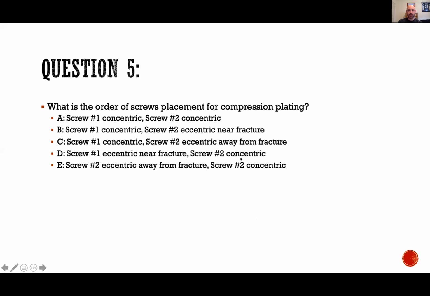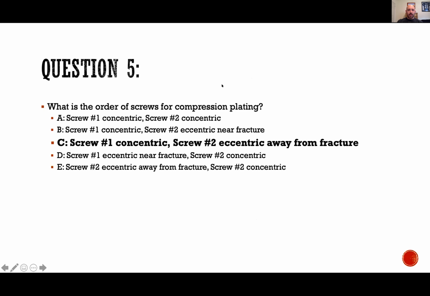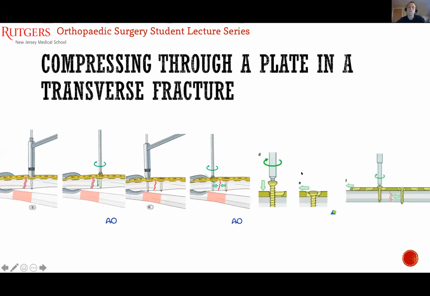Alrighty, we're up to 70% voted, so let's see. Alrighty, so it looks like the majority of you got this one correct. If we look at this again, the first screw is always going to be concentric.